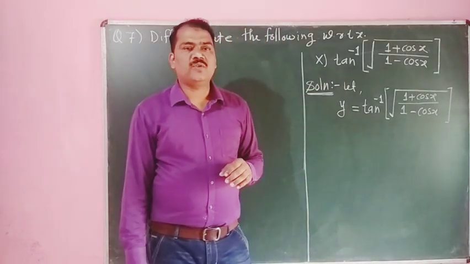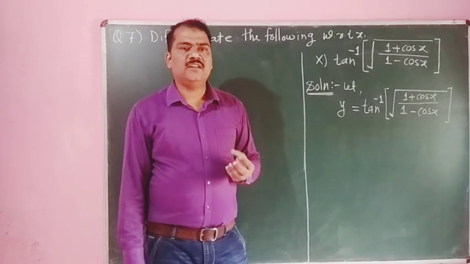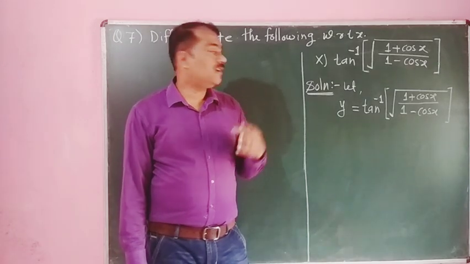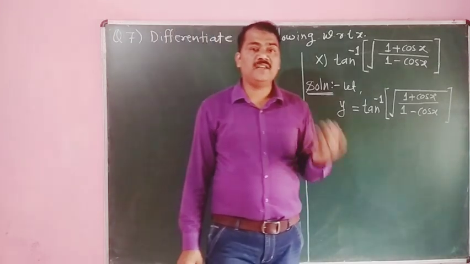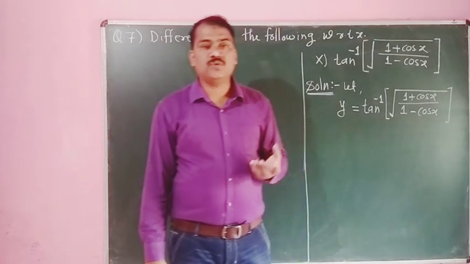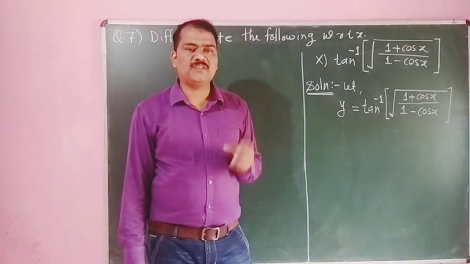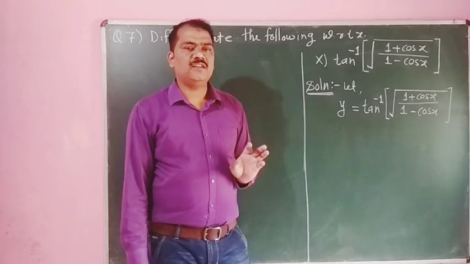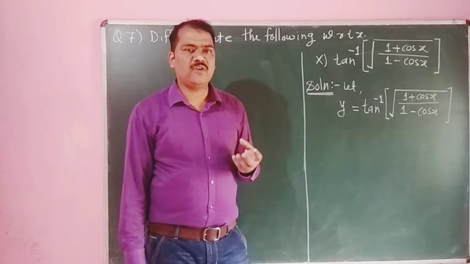These formulas are more important: 1 plus cos theta, 1 minus cos theta, 1 plus cos 2 theta, 1 minus cos 2 theta. Understand in detail how to get these formulas.